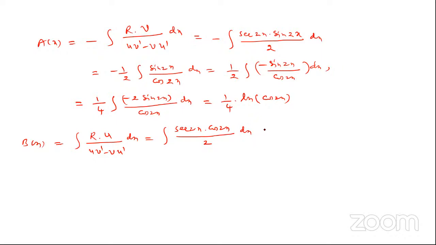Now simplify this one. 1 by 2 into integration of secant 2x, which is 1 by cos 2x, into cos 2x. So the cos 2x terms both get cancelled. That is 1. 1 into dx is dx. So now half of the integration of dx is x. What is our value of B(x)? B(x) is x by 2.